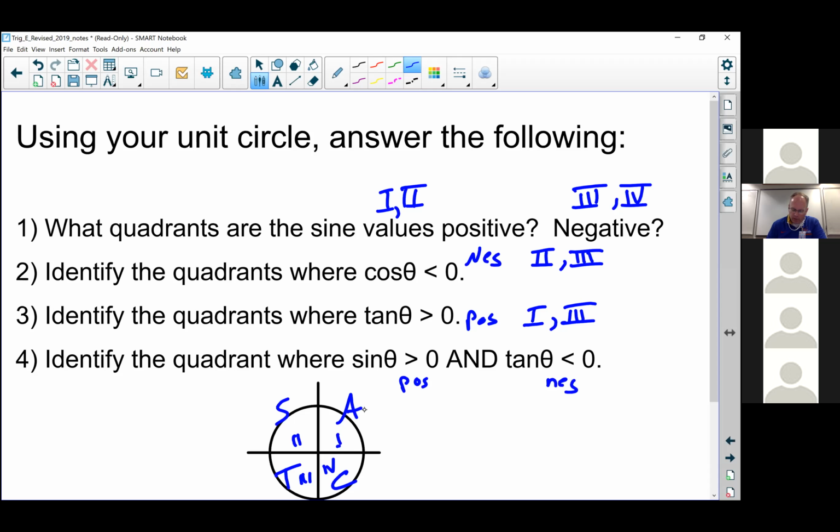Sine is positive here and here. Tangent is negative here and here. So quadrant 2 satisfies both. Everyone feel comfortable there? May I move on?